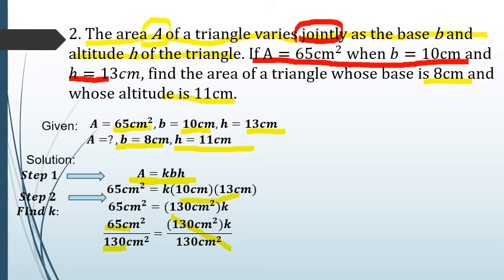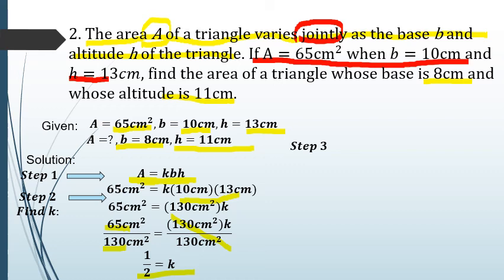Ibig sabihin, pwede natin i-simplify. 65 divided by 65, 1. 130 divided by 65 equals 2. So, ang simplified form ng 65 over 130 is 1/2. 1/2 equals K, or ang constant natin ay 1/2.